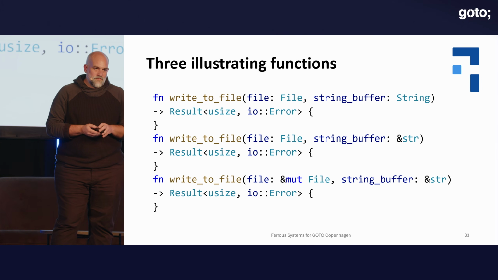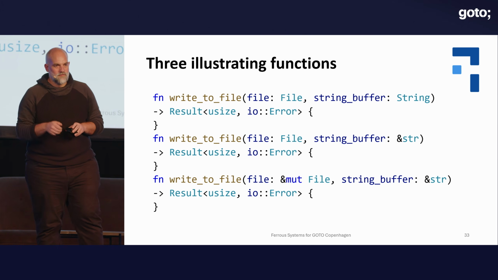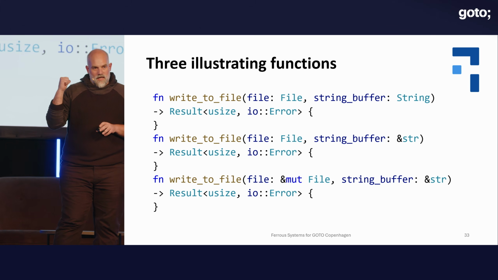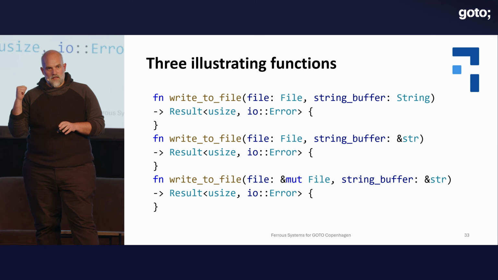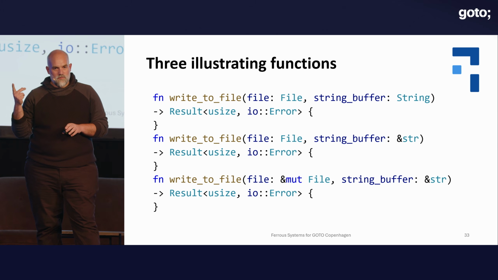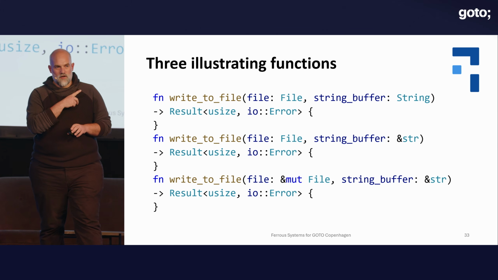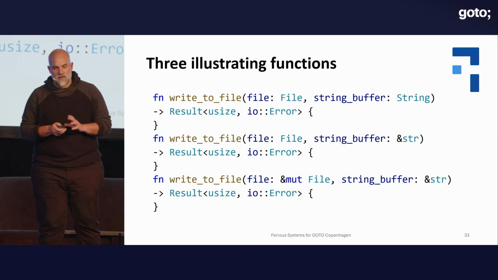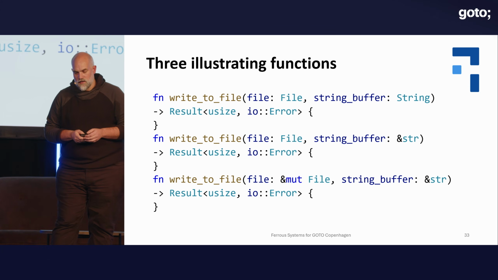The second one is a little bit different. It passes in a file. We don't care how long it lives when it closed, but it passes in the data that we're writing to it as a borrow, which means we do care that this data remains in memory. We may want to remove it or reuse it later.